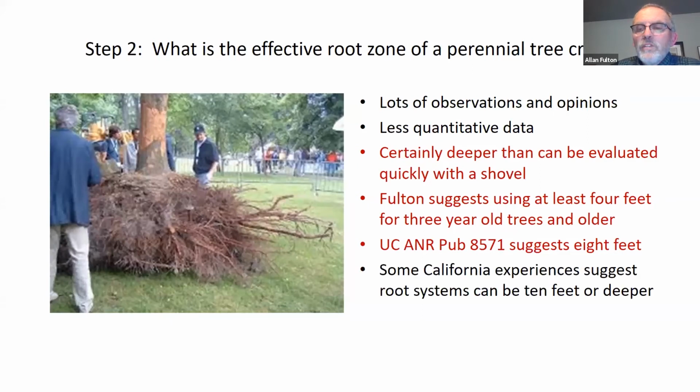And then we've worked in some experiments on farms in the Sacramento Valley where we've seen evidence that the root systems can be as deep as 10 feet or more. So judging the effective root zone is really a tough call. You do the best you can, and you remember that if things don't quite add up after a year of running a water budget, this may be one of the most pivotal points to reconsider.